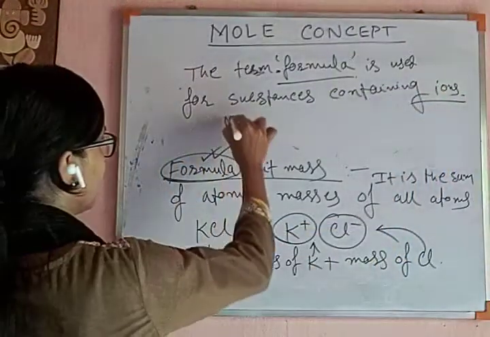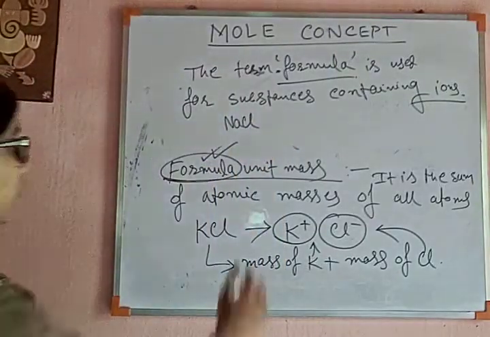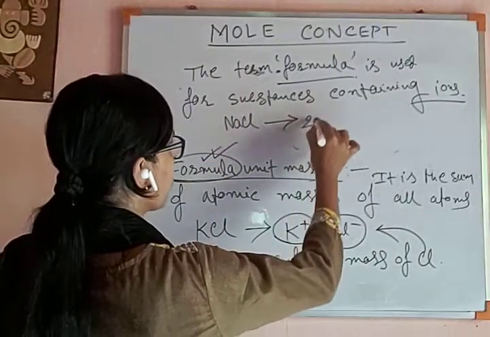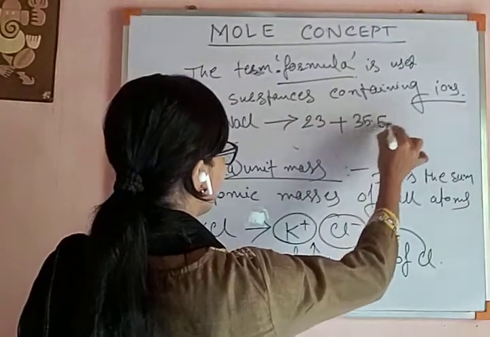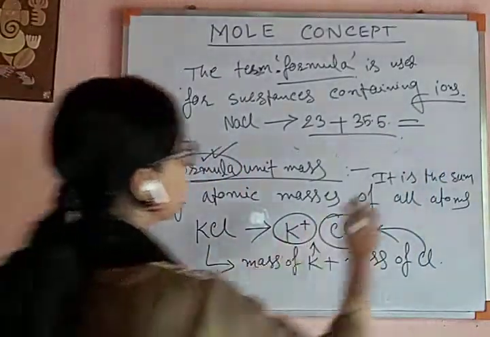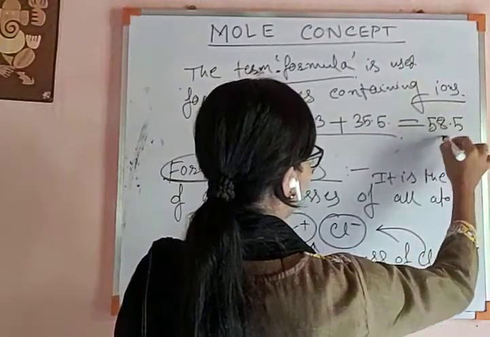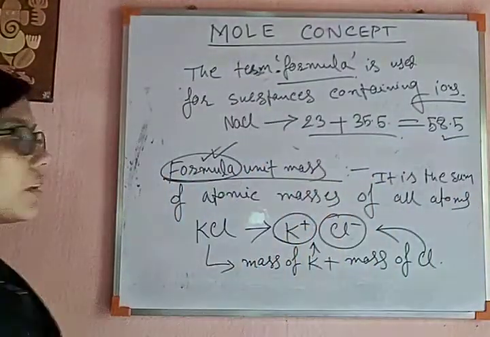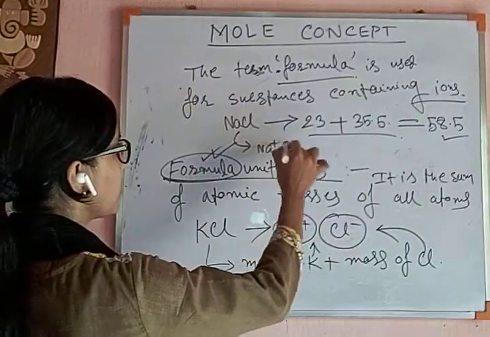So if we are trying to find out the molecular mass of sodium chloride, it will be 23 plus 35.5, like this. Okay, so it will be 58.5. So this is the molecular mass of NaCl, but in NaCl the ions present are Na plus and Cl minus.